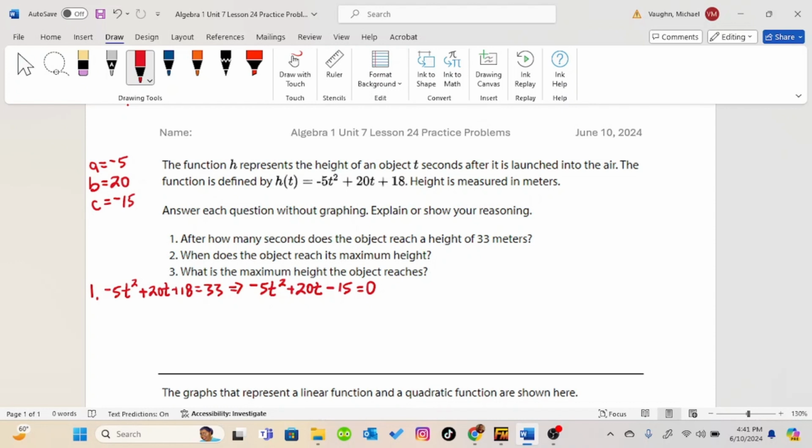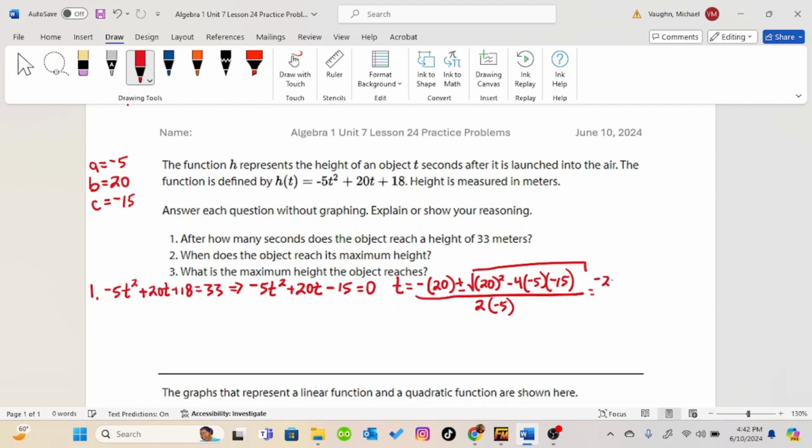We can substitute these into the quadratic formula, and we have t equals negative b, which is 20, plus or minus the square root of b, which is 20, squared, minus 4 times a, which is negative 5, times c, which is negative 15. And all of this is over 2 times a, which is negative 5.